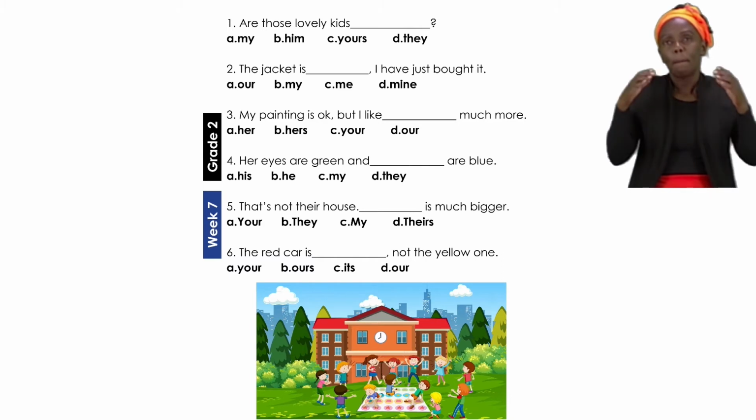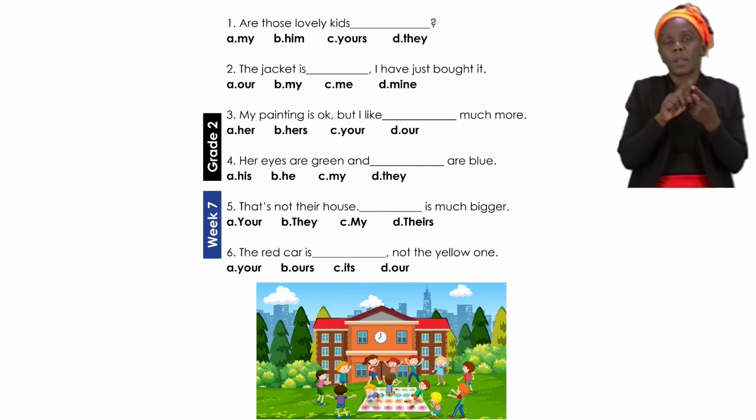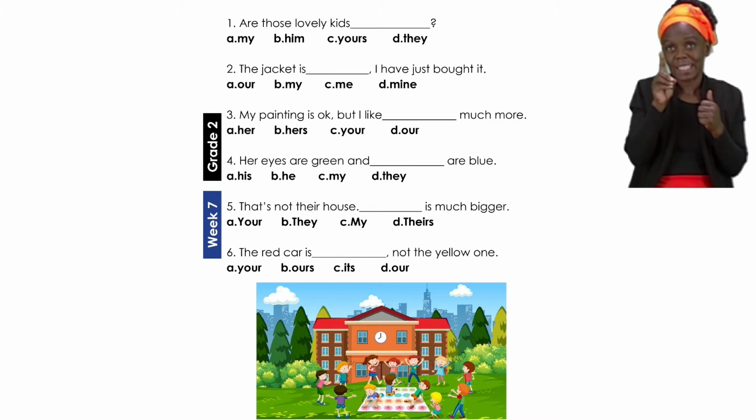Is it A, your, B, they, C, my, or D, theirs? Well done, grade 2s. If you said D, theirs. Good job. Now I want you to read the sentence again with the new word.